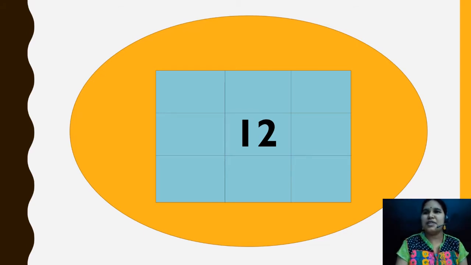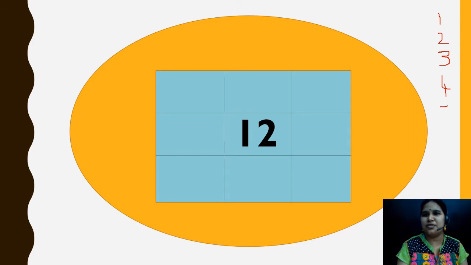We need to take the numbers from 1 to 8. Let us write them here: 1 2 3 4 5 6 7 and 8.